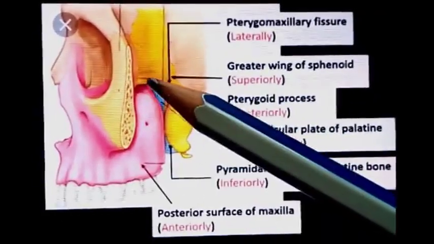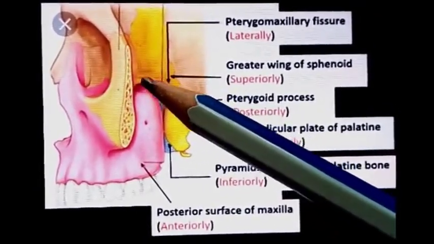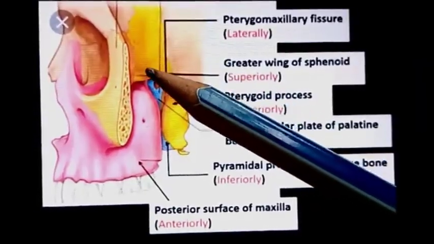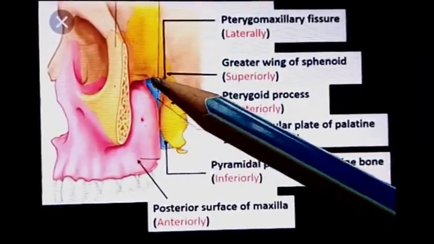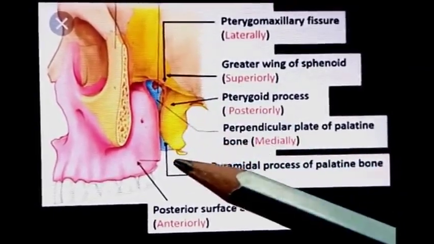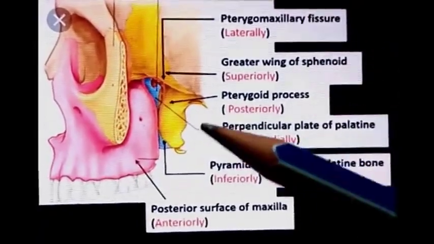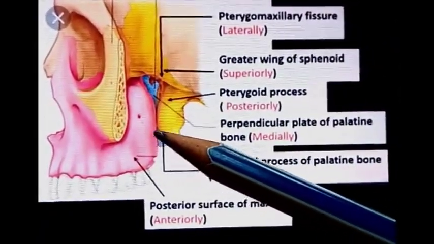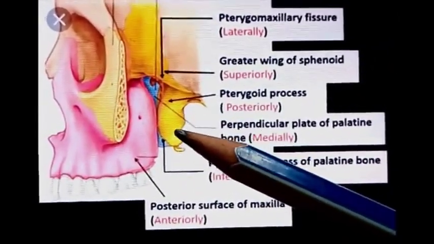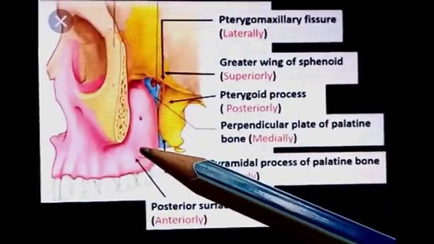The superior boundary is formed by the under surface of the body of the sphenoid bone. So this is the greater wing of sphenoid, and inferior to it lies the body of sphenoid. So the body of sphenoid forms the superior boundary, and the inferior boundary is formed by the pyramidal process of palatine bone. Here a small triangular bony part is present between the lower part of pterygoid plate and the maxilla bone.